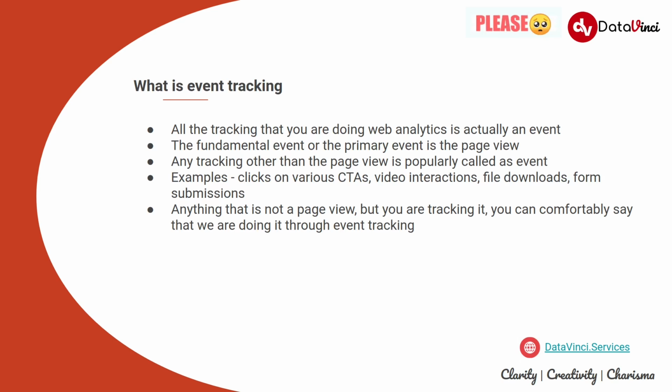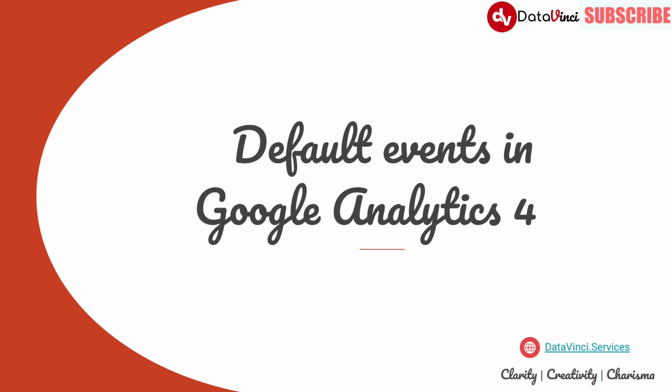Anything that you are tracking other than page view, you can say that you would track with event-based tracking. Now we are going to see which events are available by default in Google Analytics. The page view is definitely there, but Google Analytics gives the possibility to track certain things by default. So what are those? We are just going to look at that.